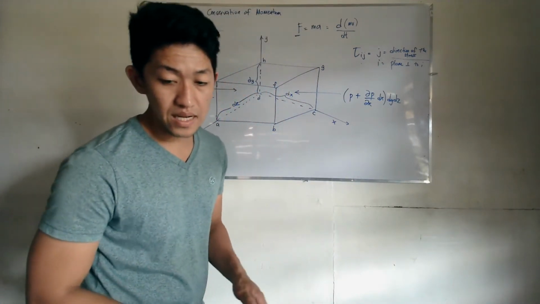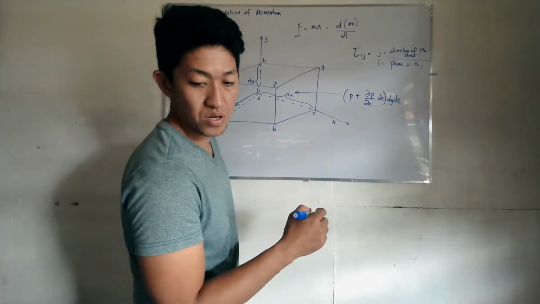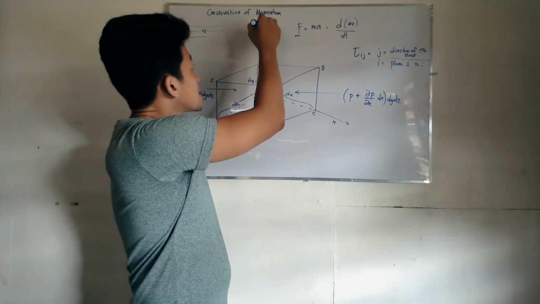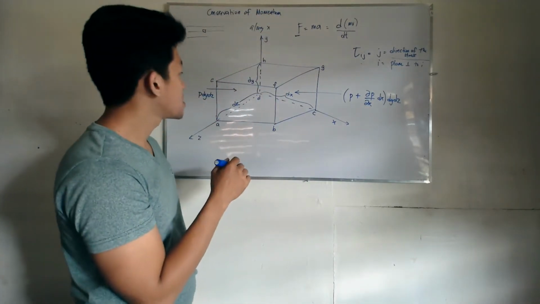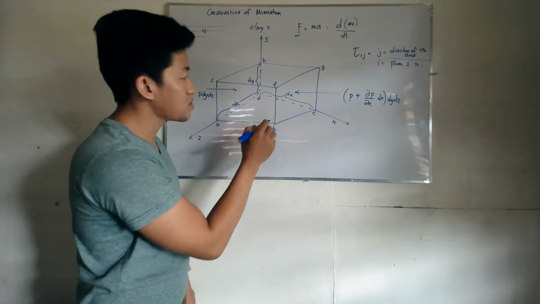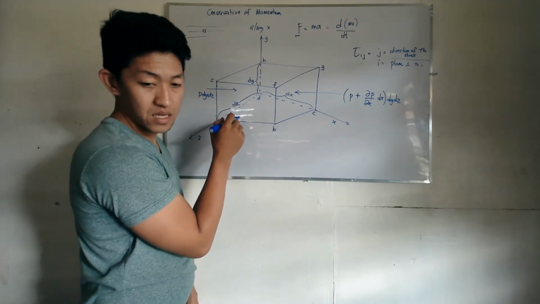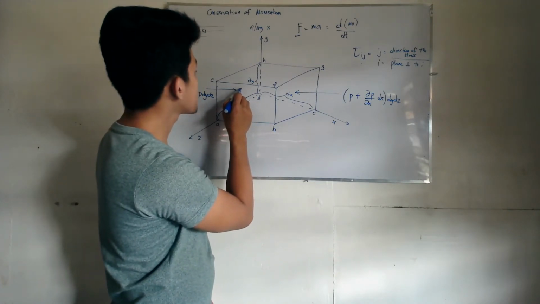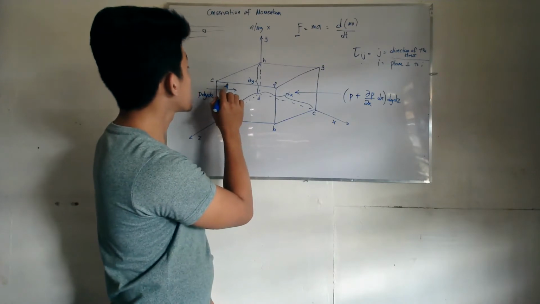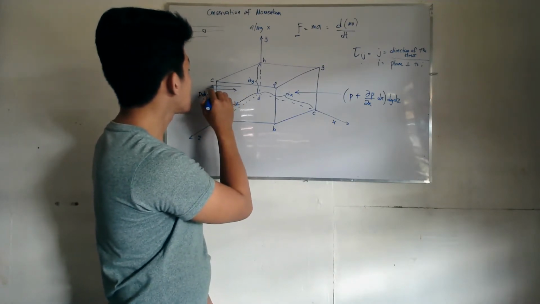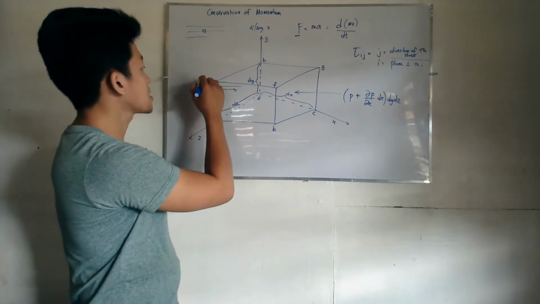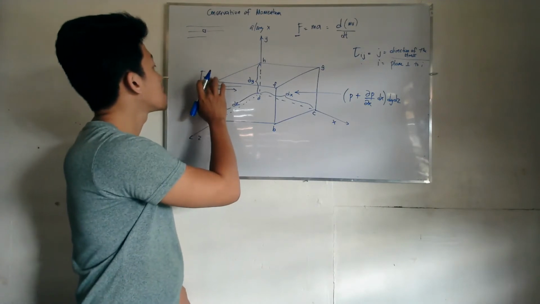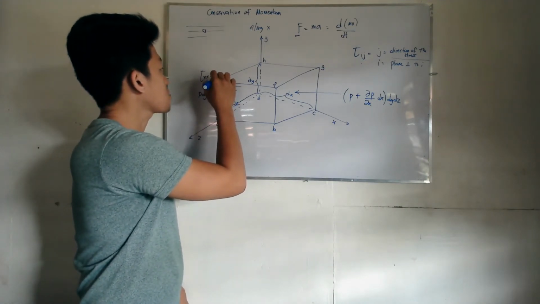Okay, so going back, look at the labels in your book. Along x, the flow is along x. So the other forces here are normal. So this is tau xx dy dz.